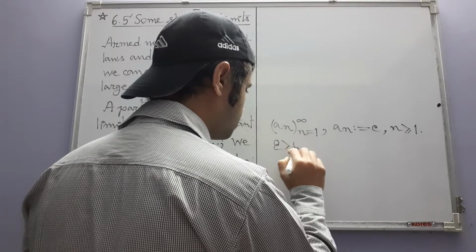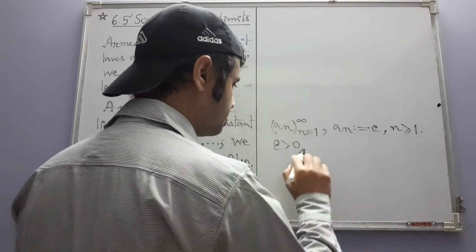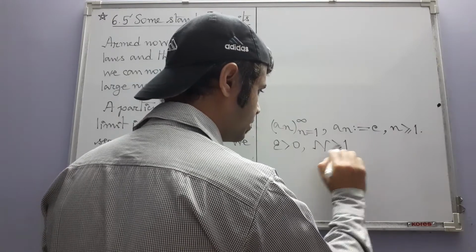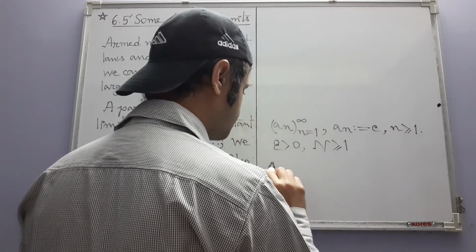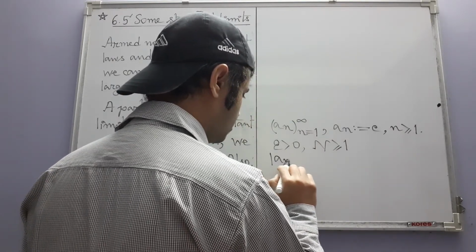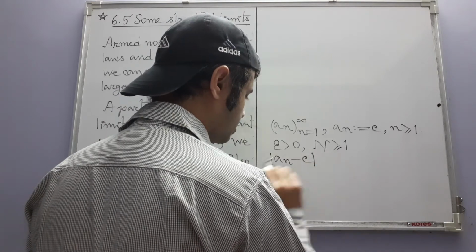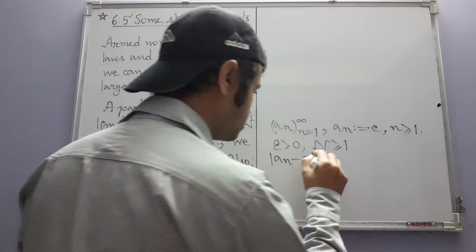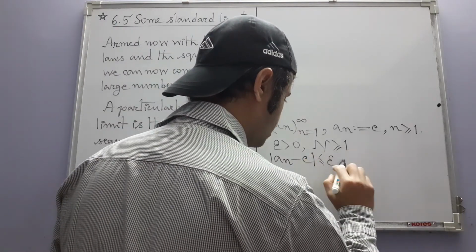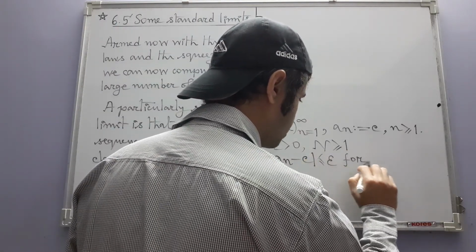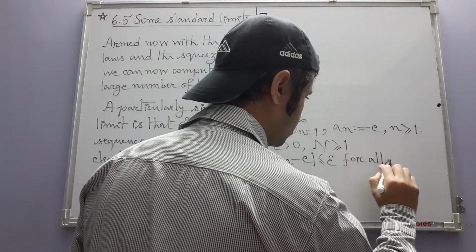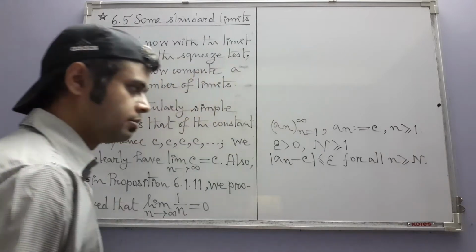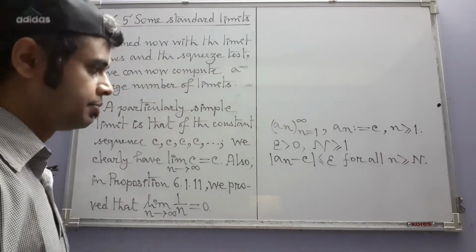For any positive real number epsilon, we want to find a positive integer N such that this distance between c and the nth term of the sequence is less than or equal to epsilon for all indices n greater than or equal to that stage, capital N.